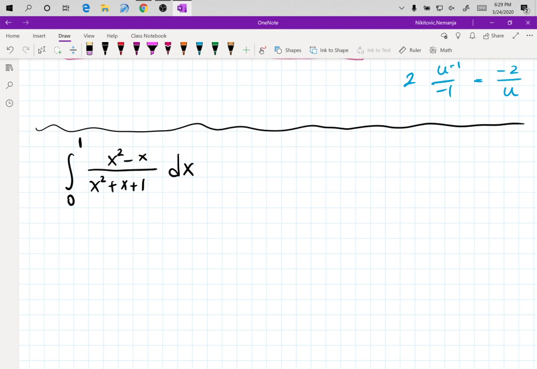So long division on the side, we have to divide x squared plus x plus 1 into x squared minus x. Last night I had a lecture online with my pre-calculus course where I taught long division and synthetic division. So 2 or 3 videos ago on the channel, you will find my pre-calculus if you look in chronological order.